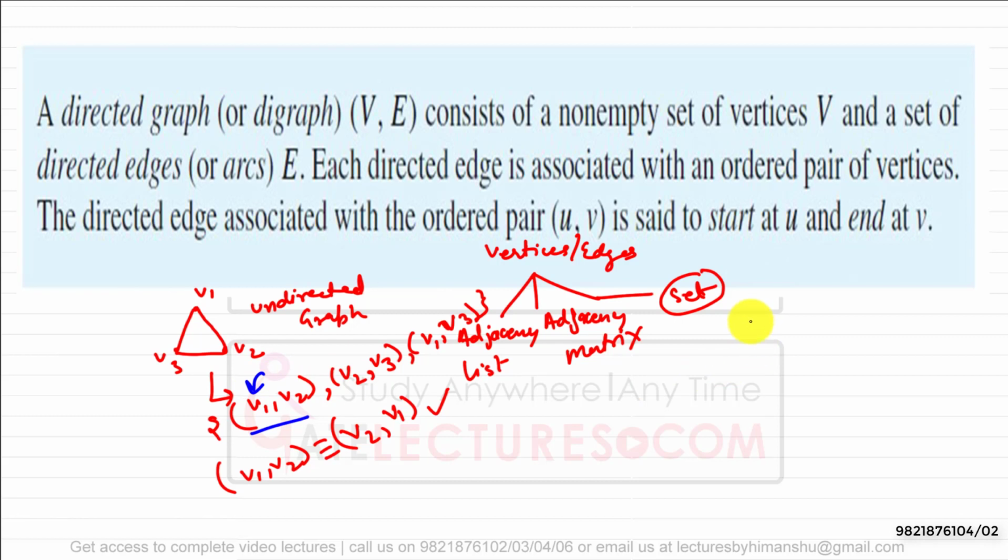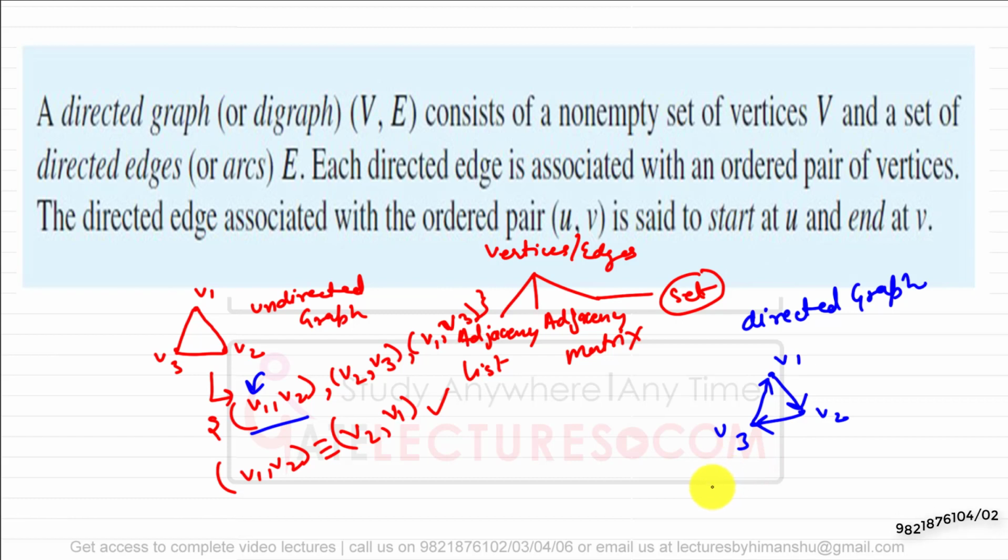But when we have a directed graph, we can have vertices v1, v2, v3. Among these three vertices there is an edge from v1 to v2, an edge from v2 to v3, and an edge from v3 to v1. How are we going to write the pairs of vertices?